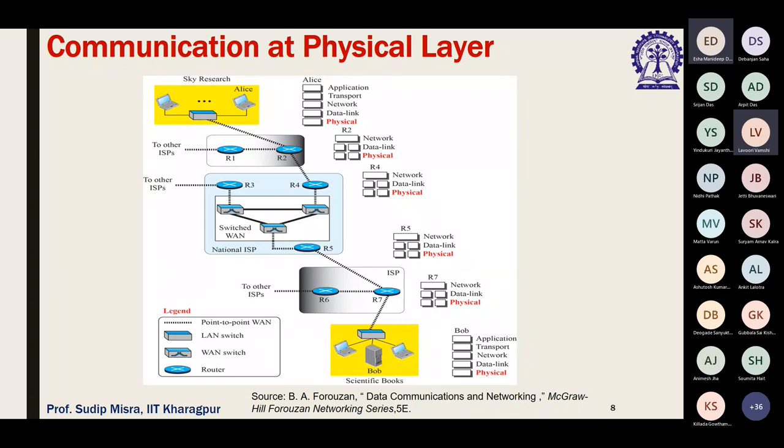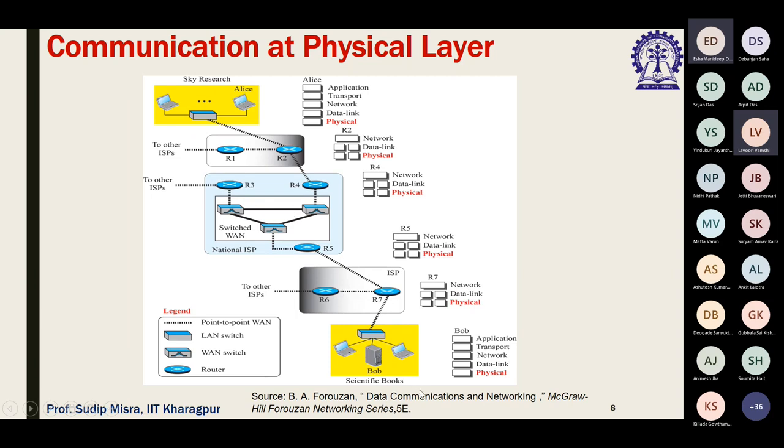All the devices in Sky Research, their physical layers are going to talk to the physical layers at each of these points. All of these physical layers are going to talk to each other.